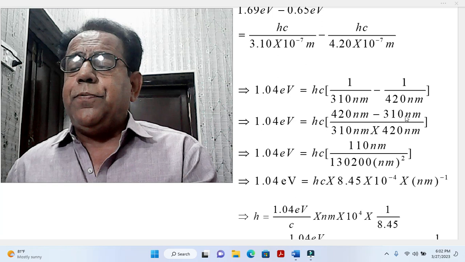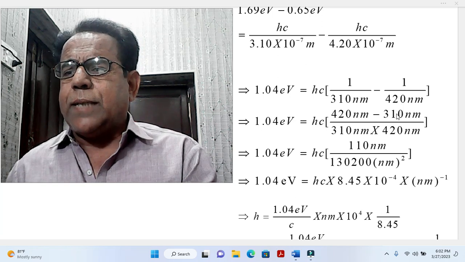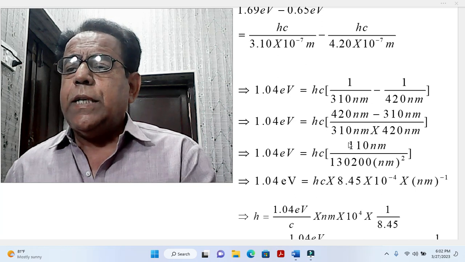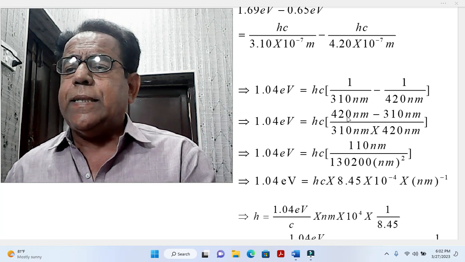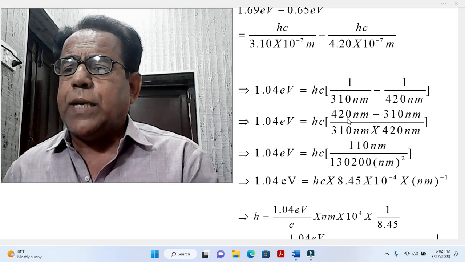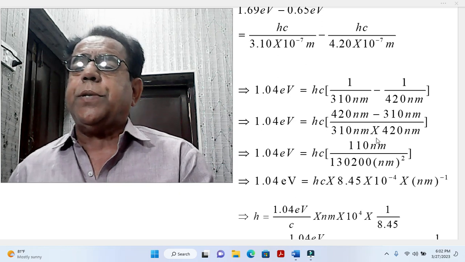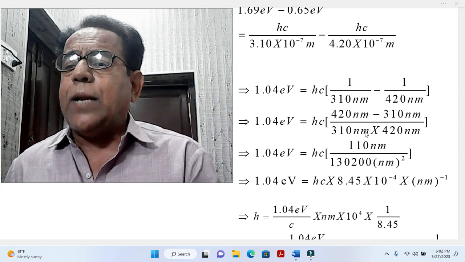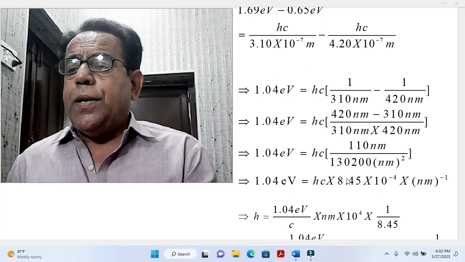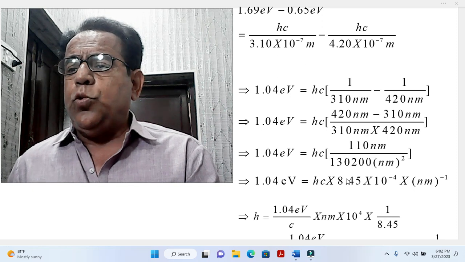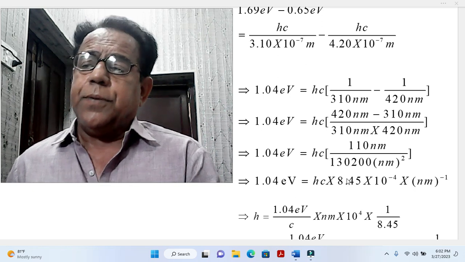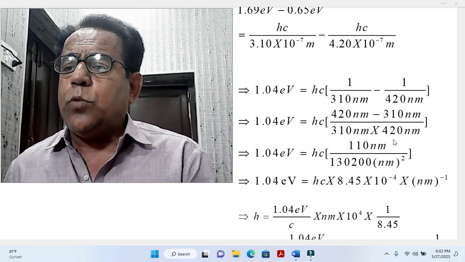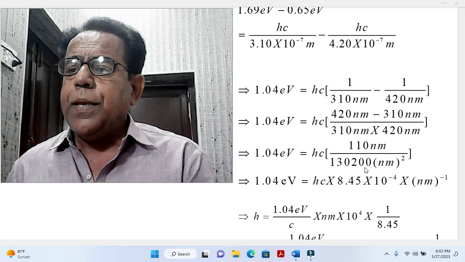In the next step, we will take LCM type arrangement. We will multiply both in the denominator, and hence in the denominator we will get 420 nanometer minus 310 nanometer. This will reduce to 110 nanometer divided by 130200 nanometer square, by multiplying 310 with 420.